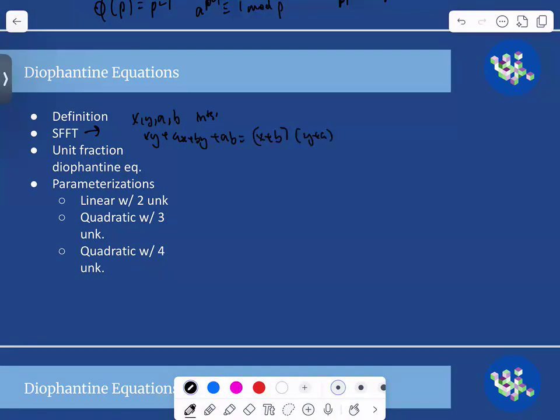You just want to be able to rearrange the terms and equations so that one side can be written as something plus something in parentheses times another something plus something. So something of this form.